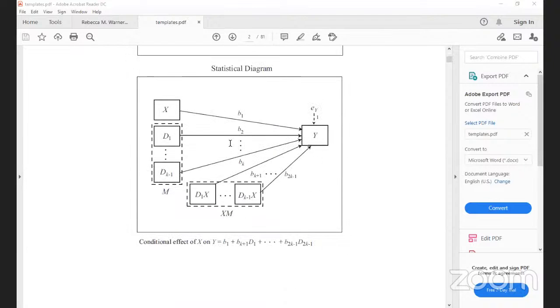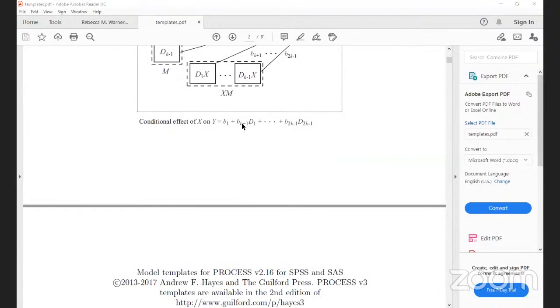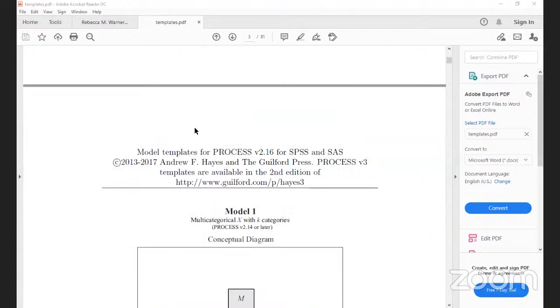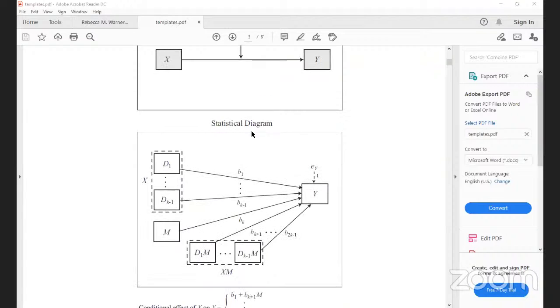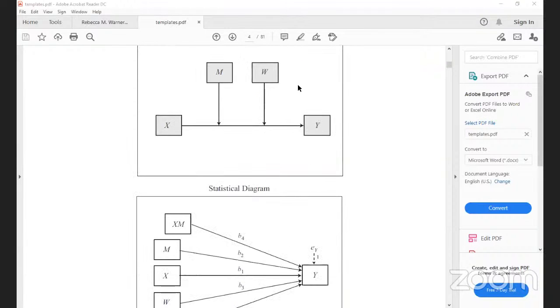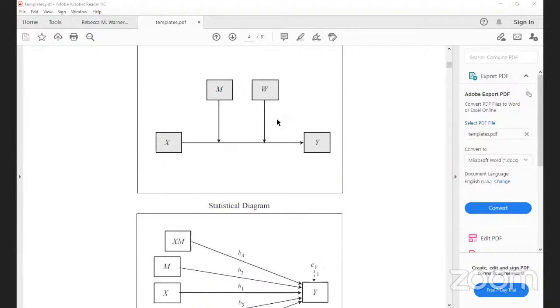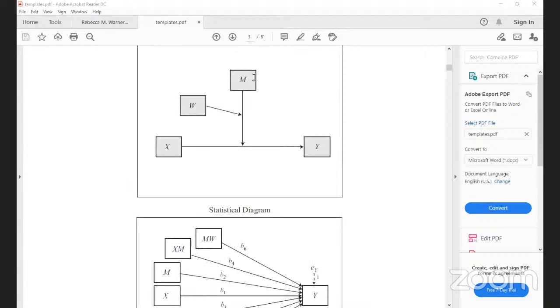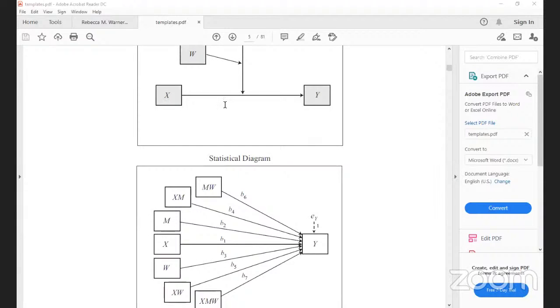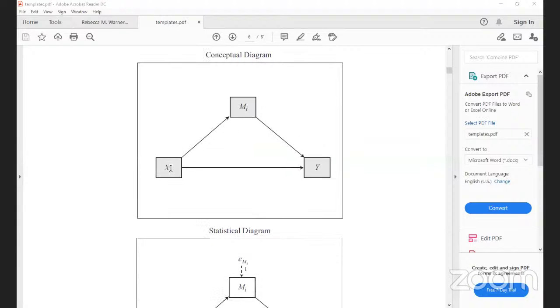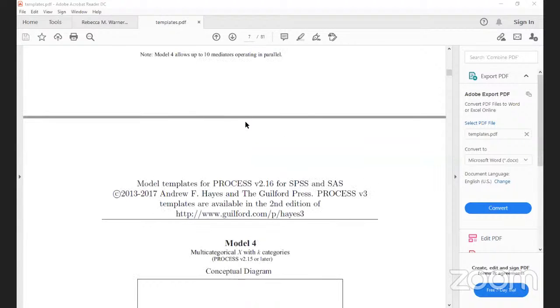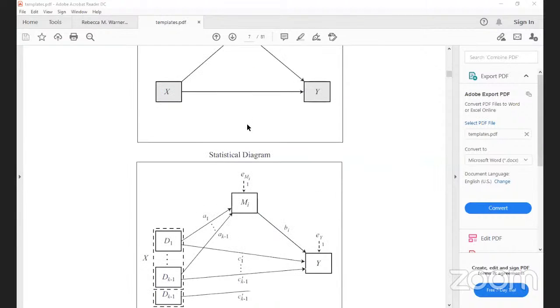There are many independent variables, and in the second model you can take two moderators, M and W. We are talking about this mediation model 4, with y dependent and x independent variable.